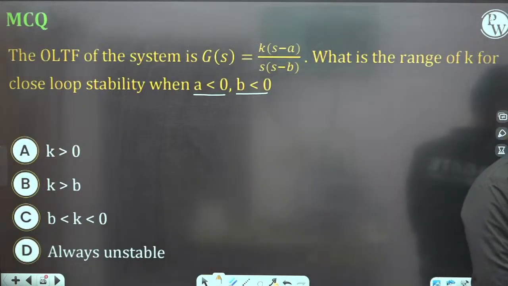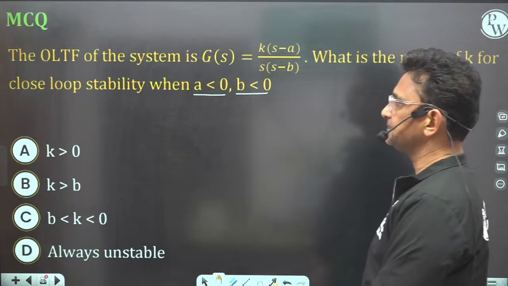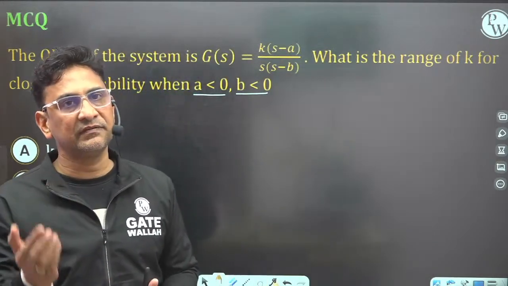The open loop transfer function is given. First find out the closed loop transfer function and apply the Routh-Hurwitz criteria in characteristic equation of the system.